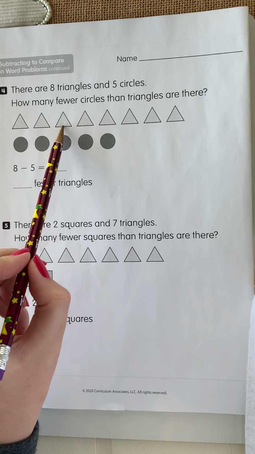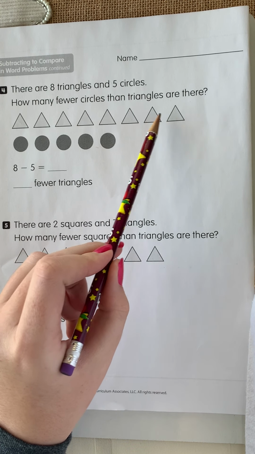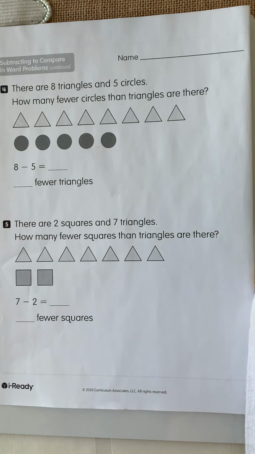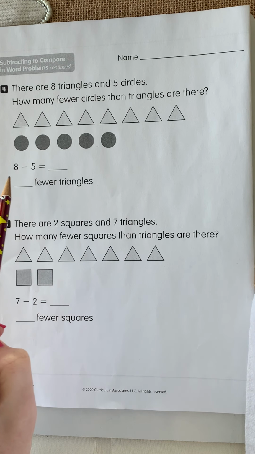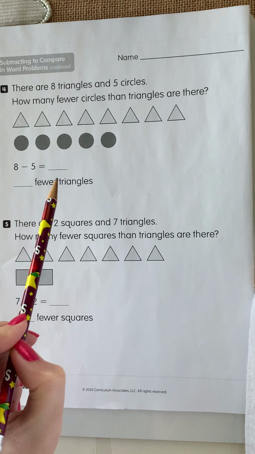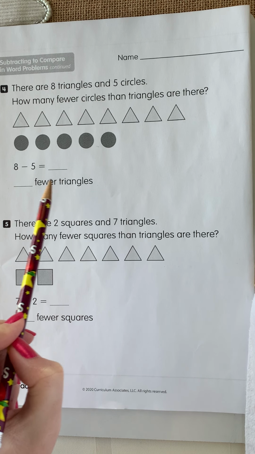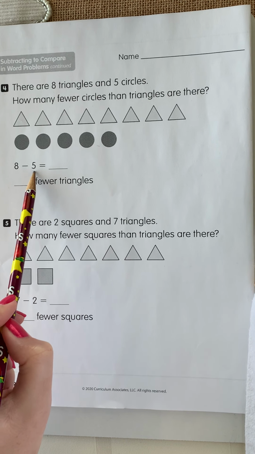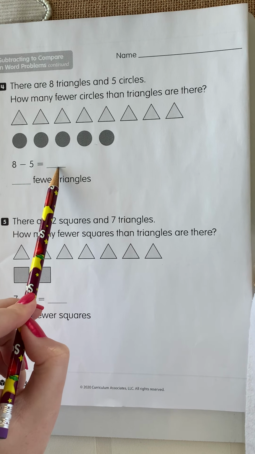We have been given pictures of triangles. We have been given circles. We have also been given a subtraction sentence or equation, and that reads 8 take away 5 equals blank.